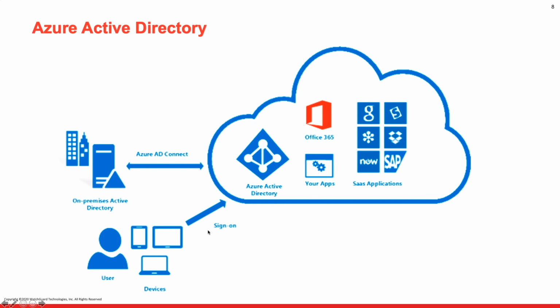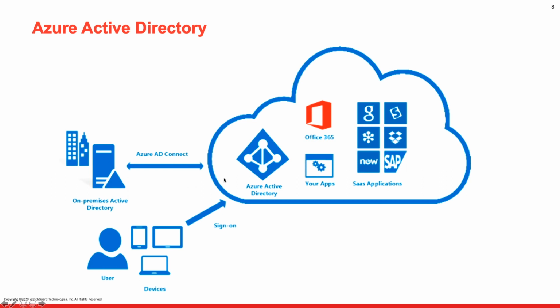We have a user, we have their devices, and they sign on. We have the Azure Active Directory infrastructure. And again, in this infrastructure only, you cannot tie in Office 365 into MFA solutions. However, what we can do is have an on-premise Active Directory, and then that one is connected through Azure Active Directory Sync.